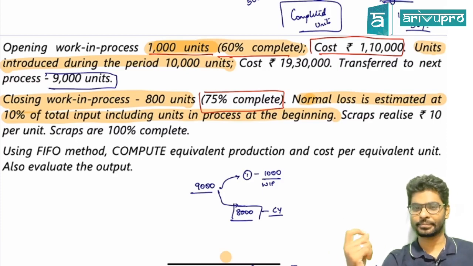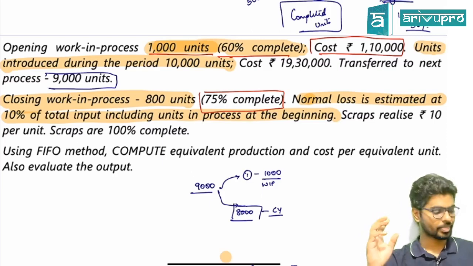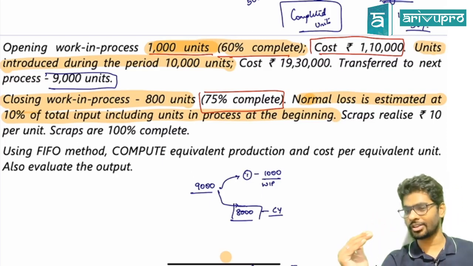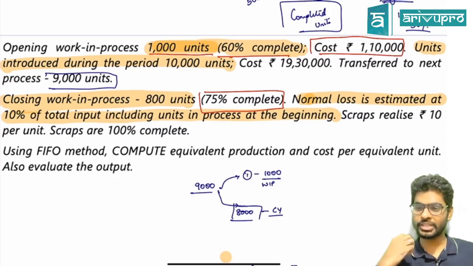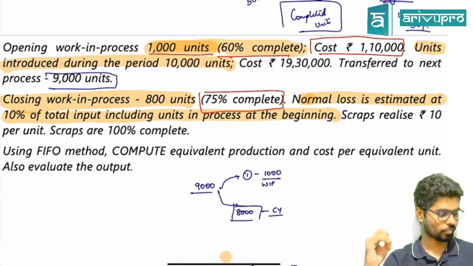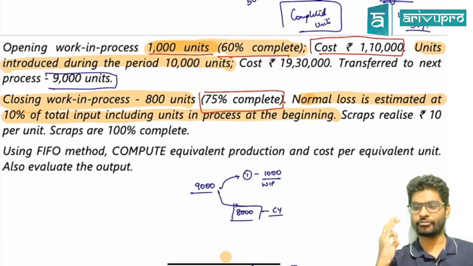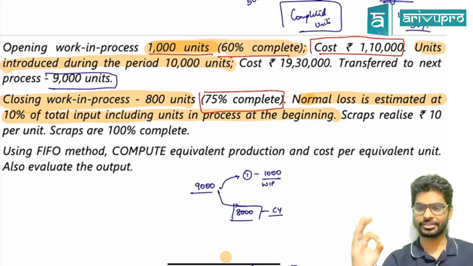The units introduced during the period is 10,000 units, costing 19,30,000. Can I say 19,30,000 is the cost of the units which I started and completed this year?